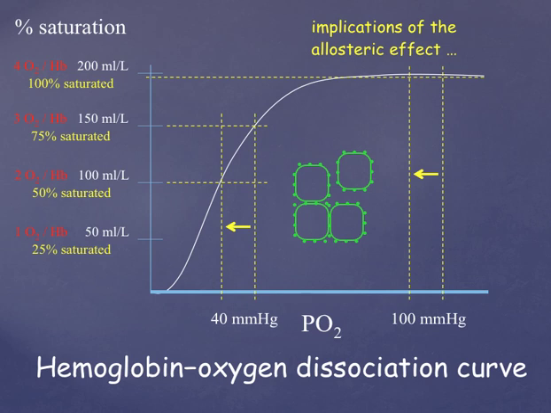Blood is 100% saturated. If you look at the second dashed line from the left, partial pressure is 40 millimeters of mercury. That's the typical partial pressure in the body, in the muscles. Hemoglobin is 75% saturated.